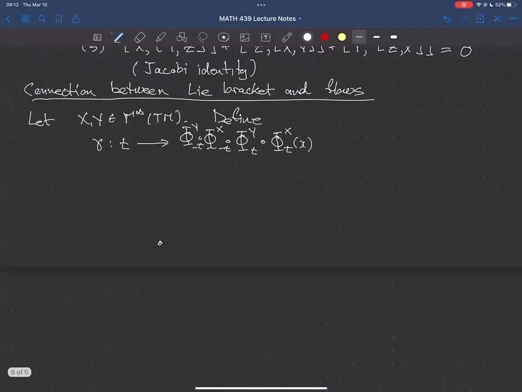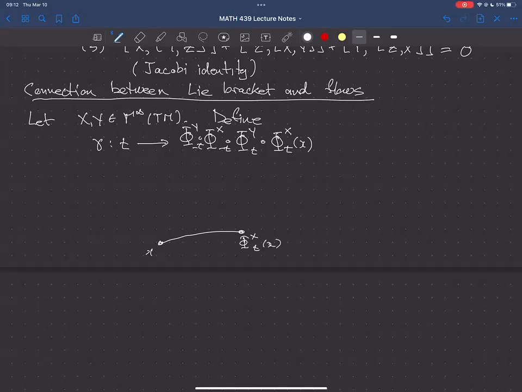So I start at x. This first bit says that I take, remember what the flow is, the flow evaluated at x takes the integral curve for X and follows it for a time t. So I go along here, and I end up at this point, which is phi X t of x.